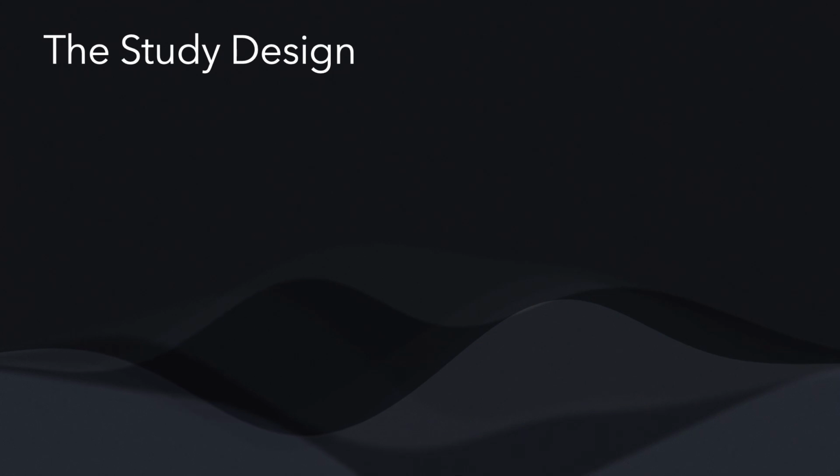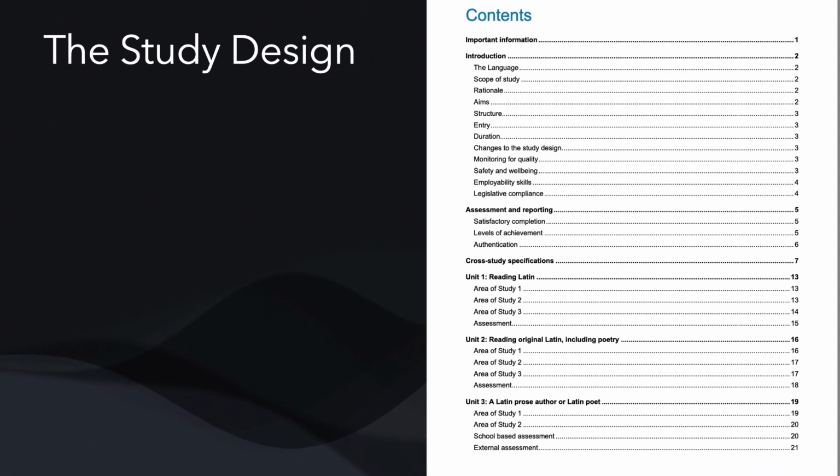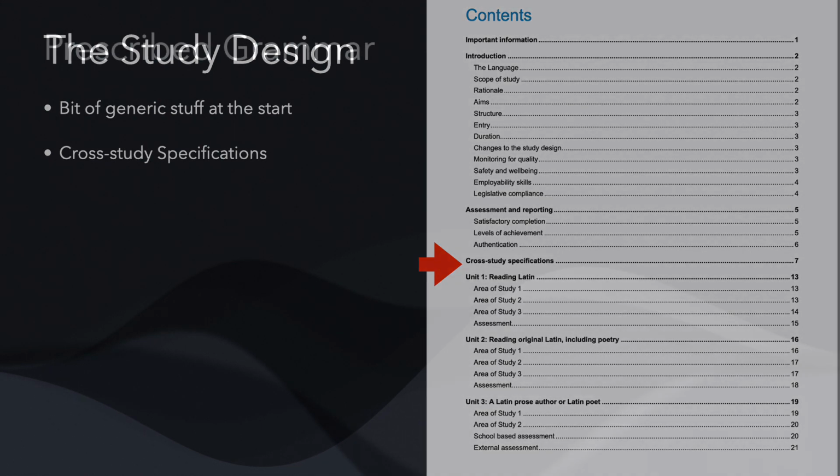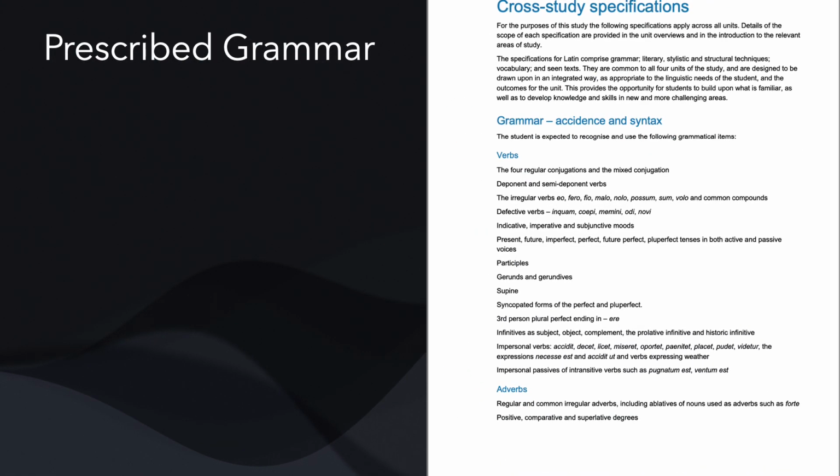Let's jump into the study design in a bit of detail. The first section, to be honest, is pretty generic, so by all means have a read through, but it's mostly pretty straightforward stuff. Where it gets interesting, I think, is the cross-study specifications, so we're going to zoom in on them. The first bit it has is the grammar, so the prescribed grammar which you need to do.